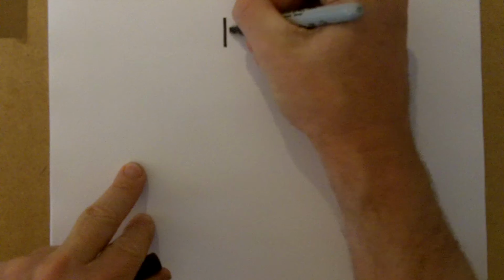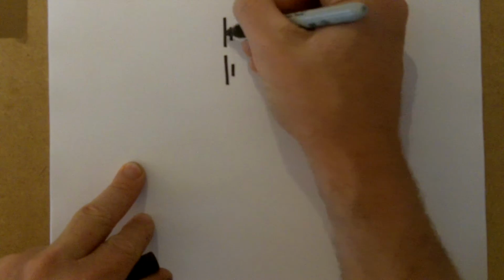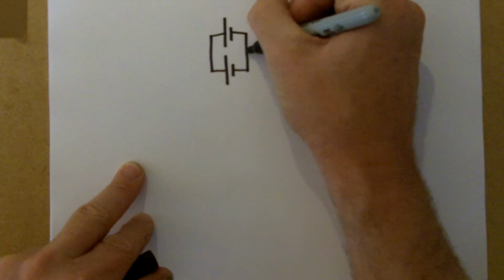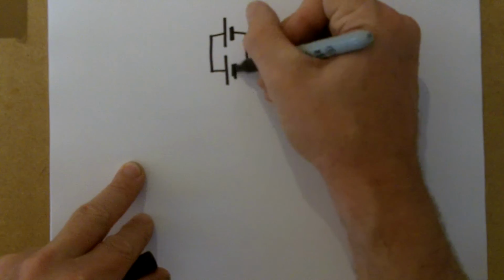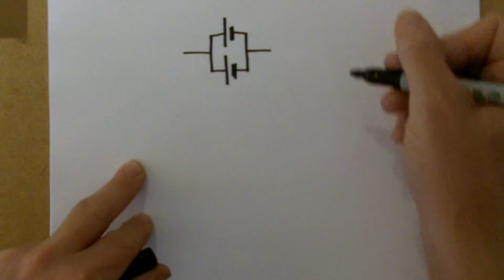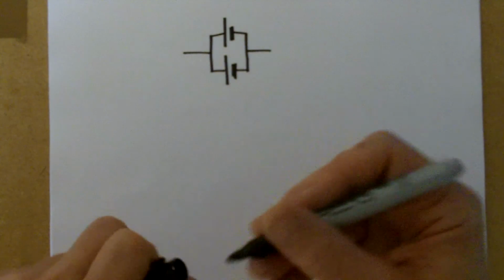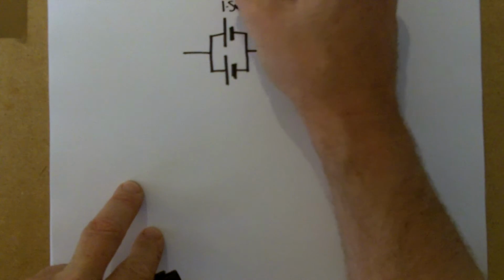Now, I think OCR is one of the only specifications that deals with this idea, and it's always confusing when it comes up. So you can connect cells in parallel, and increasingly this does happen in devices. Now, if I connect the cells like this, let's say they're 1.5 volt cells each.